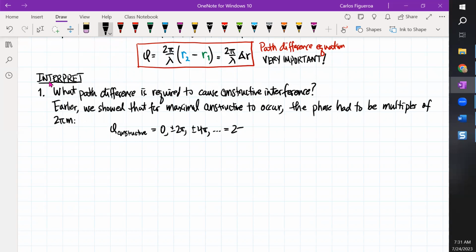This was 2 pi m, where m is equal to 0, plus or minus 1, plus or minus 2. Because this is constructive, I'm going to put a little c here. It makes sense initially, and then we want to drop the c later on.